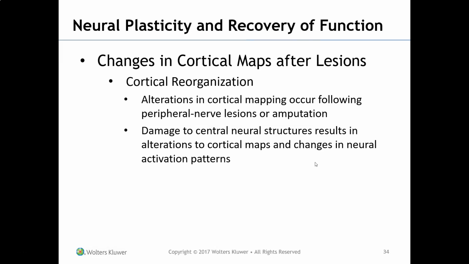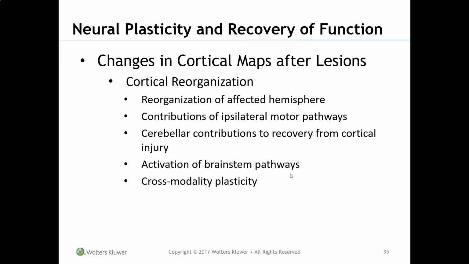And nothing's guaranteed, unfortunately. Cortical reorganization of the affected hemisphere. Let's say it's the right hemisphere or the left hemisphere. Contributions of ipsilateral motor pathways, cerebellar contributions to recovery from cortical injury, activation of brainstem pathways, and cross-modality plasticity. So these are all things that we need to work on.